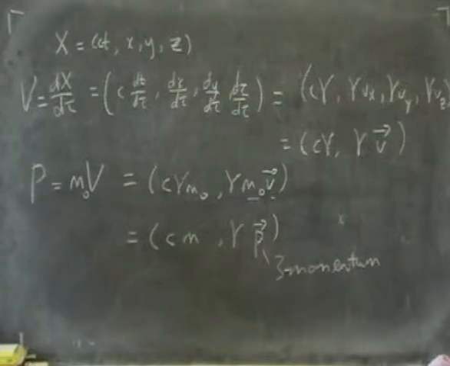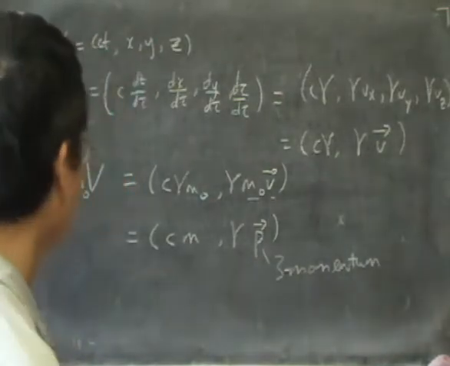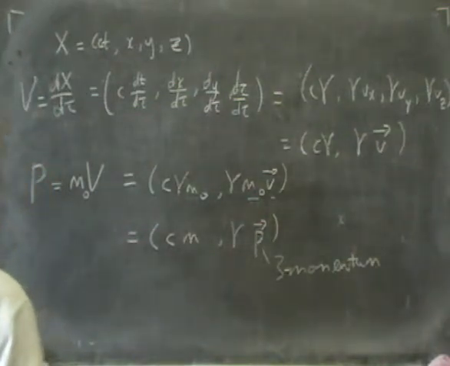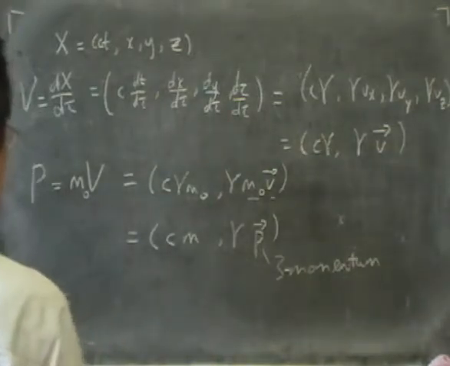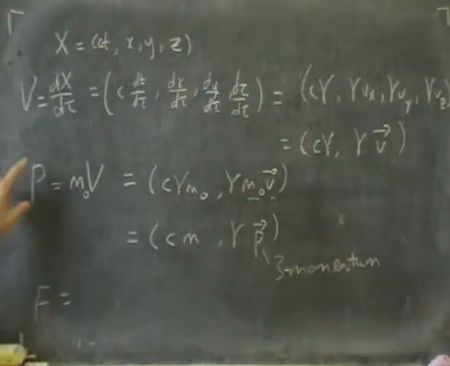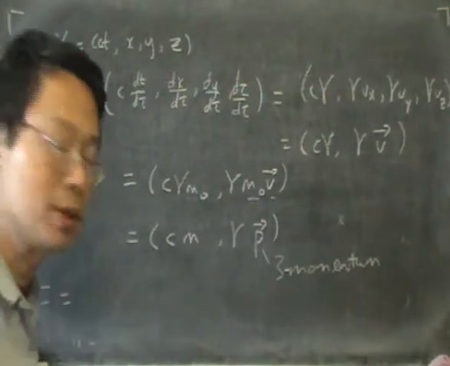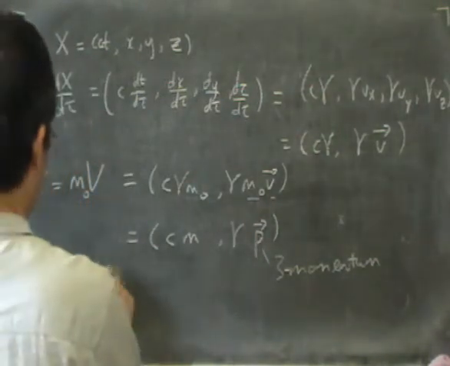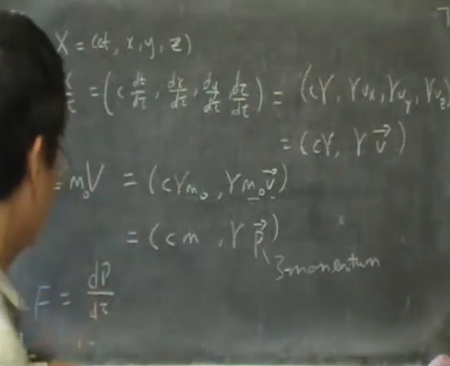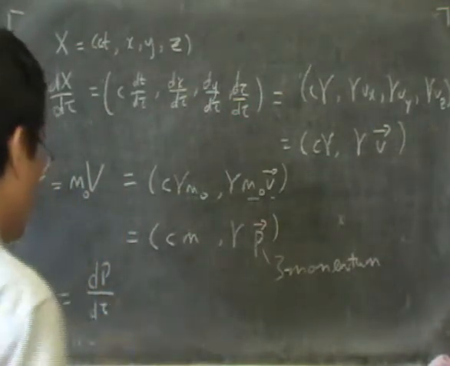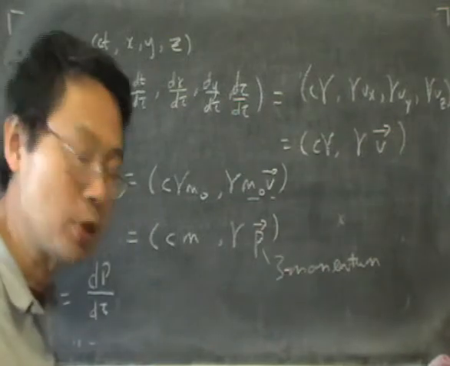Now next, let's have a look at the 4 force. We would get the 4 force by differentiating the 4 momentum. Again, we have to differentiate with respect to the proper time, tau, which doesn't change for different frames.